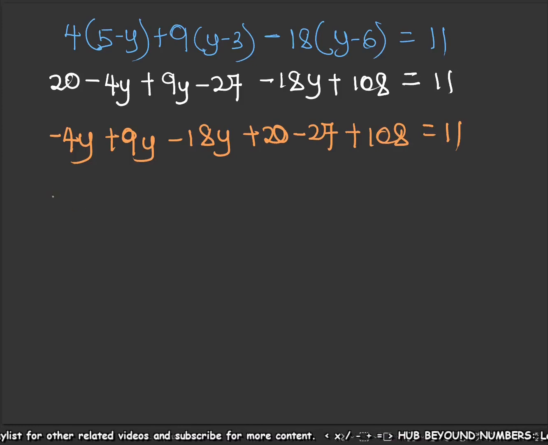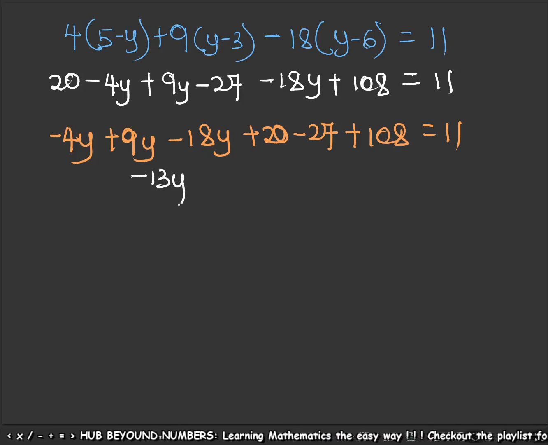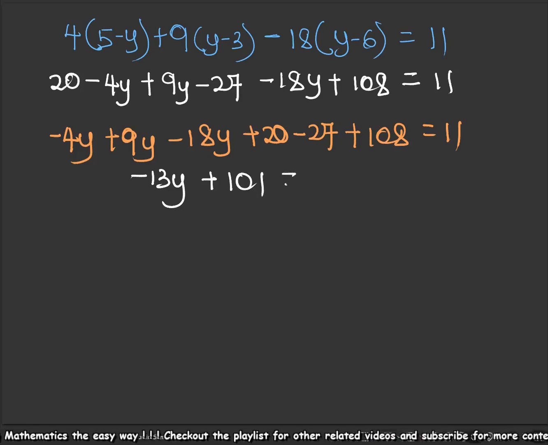So simplifying further, we have a negative 4y plus a 9y and minus 18y, all giving us a negative, that is negative 13. So negative 13y. Then our 20 minus 27 plus 108 gives us a positive 101, all equal to 11.